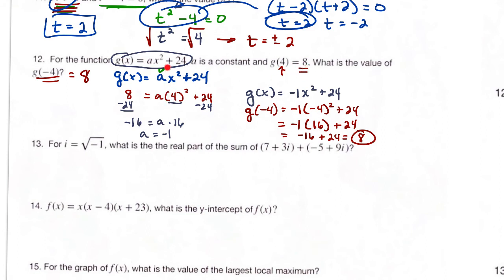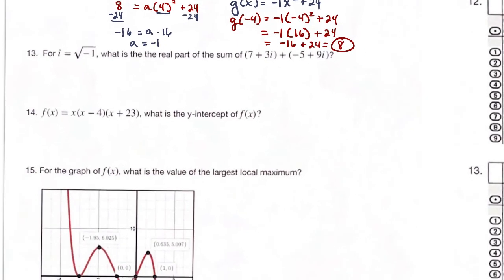When you plug in a negative 4 and square it, this is also a 16. Multiply by a, add 24. It's going to give you the same number because negative 4 acts the same way as positive 4 in the equation. This is called an even function because that's what happens in even functions. 4s and negative 4s act the same way, and so they always give you out the same answers.